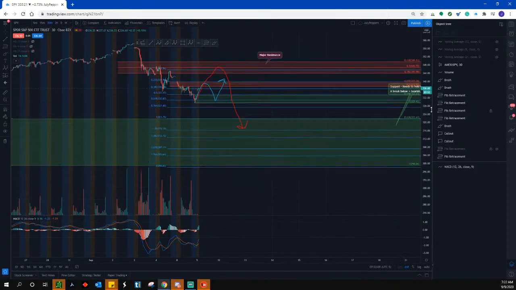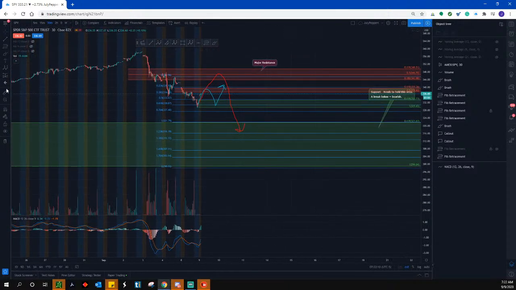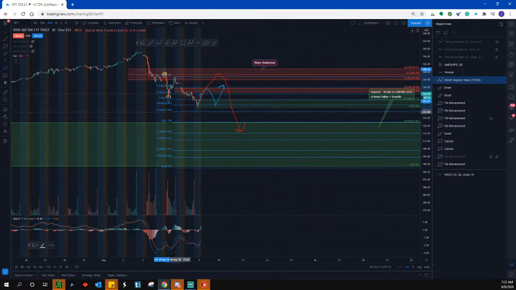This is what I predict could happen. We got a 1. We could have a 1 forming here. Then we could have a 2 forming there.